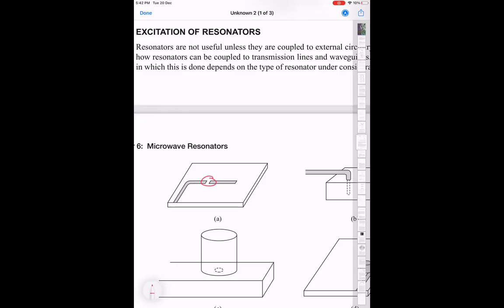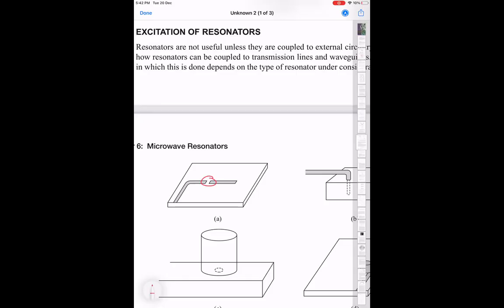But if you now stick a pin in, and the pin is only extending up to here, then what happens is that from the location of the pin, you have a TEM mode which can propagate because that is like a coaxial mode. So this pin can tap into the decaying evanescent, non-propagating mode, and then couple the signal out. So you can get coupling out through this mode, even if the pin is not all the way into the cavity.